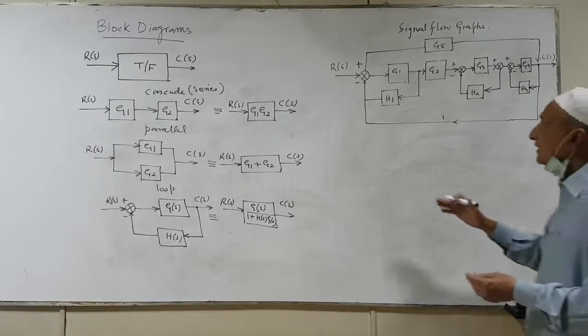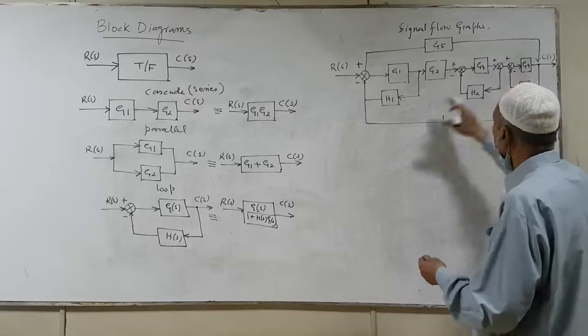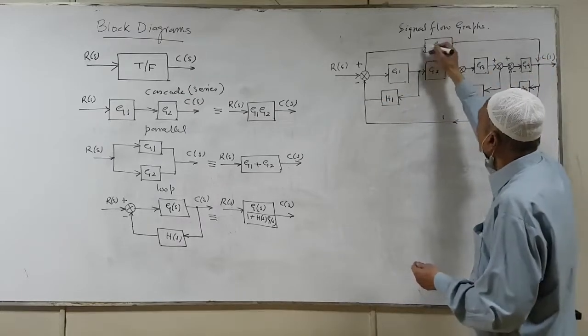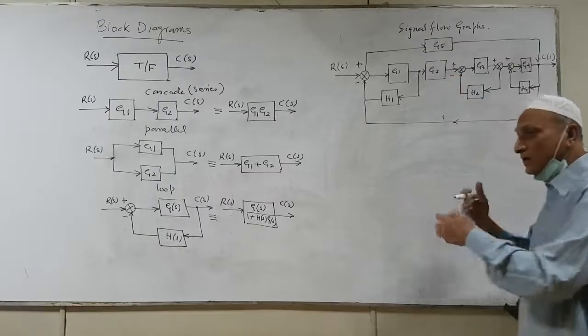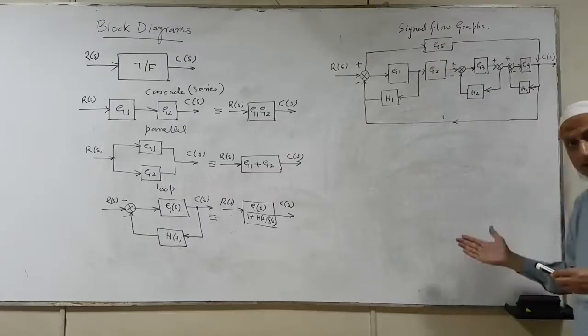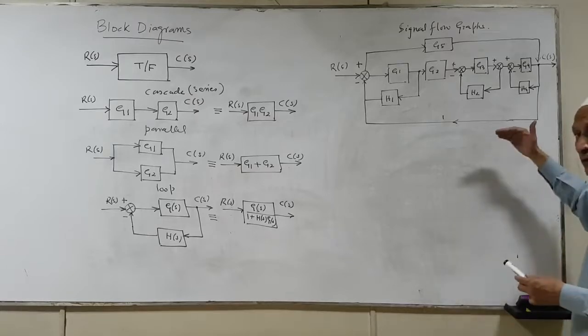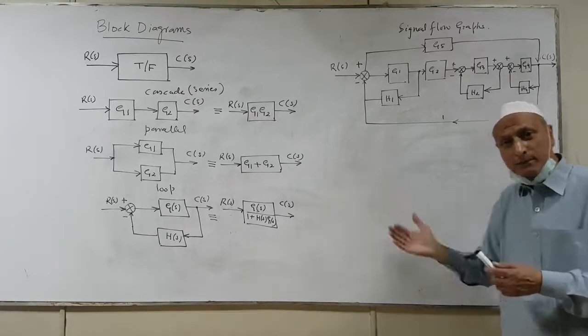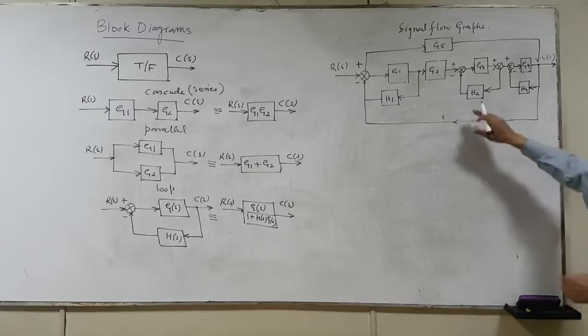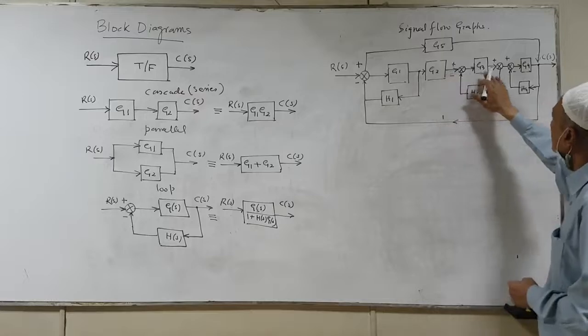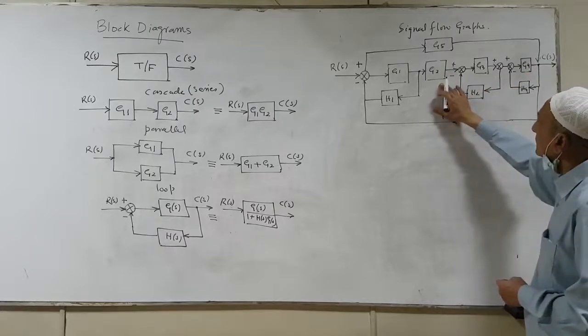So what we have is a loop, different loops. There is another forward path. Remember, we have to follow the arrowheads. Arrowheads from input to output mean it's a forward block, and arrowheads from output towards input mean it's a feedback system. If you look at this situation, we have different subsystems connected with loops.